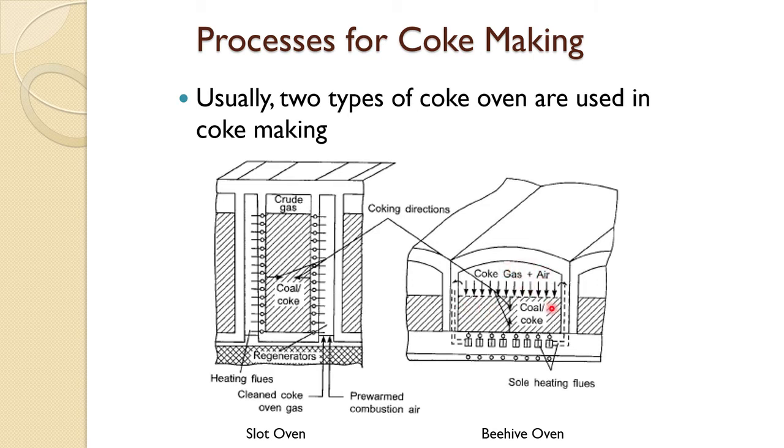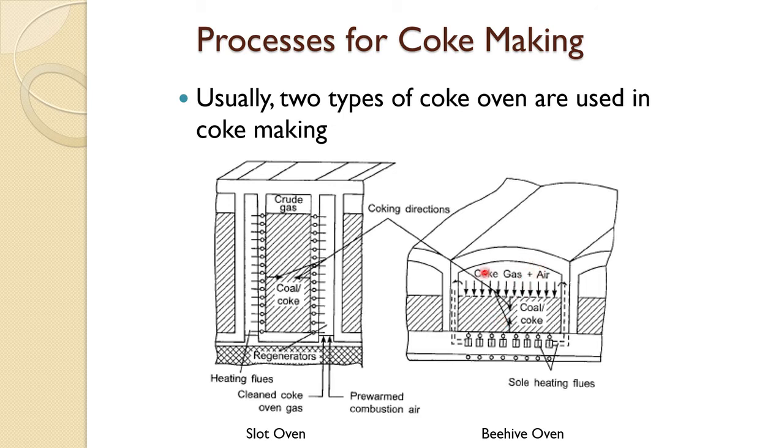Whatever gases, tar or aromatic compounds evolve during the coking process are burnt at the top, and that heat is utilized for the coking process. In the slot type oven the gases just go out and you have to process them, while here most of them you burn and utilize. That is why these are called non-recovery coke ovens.